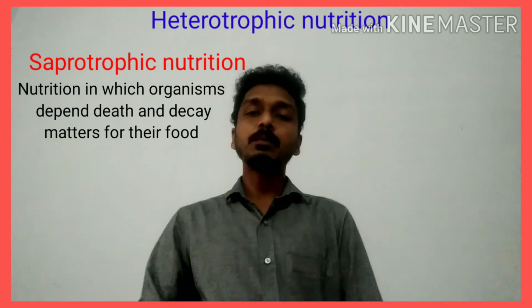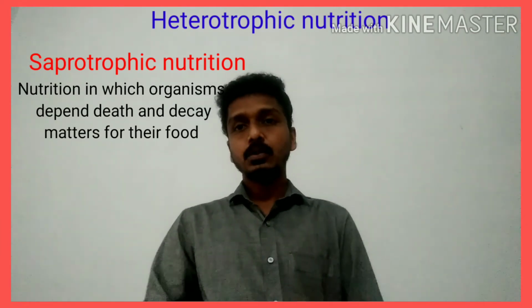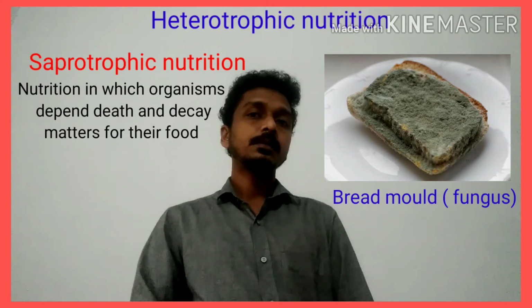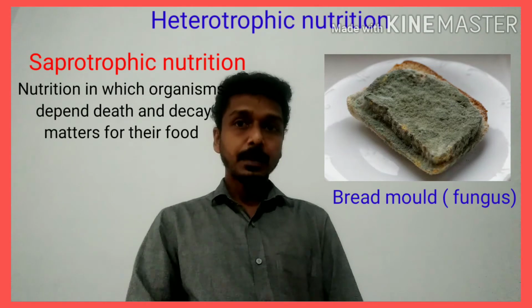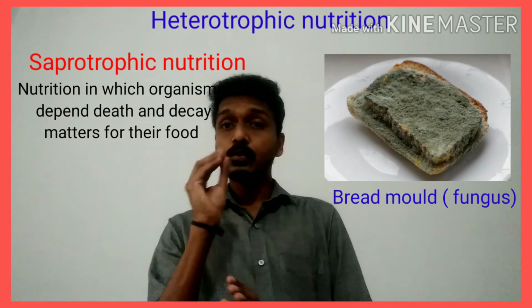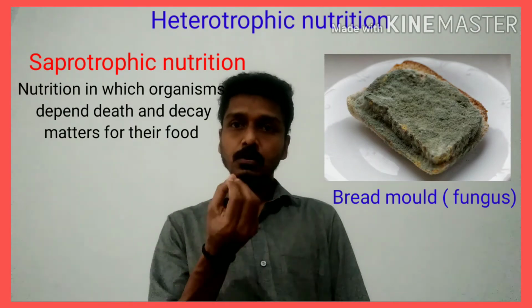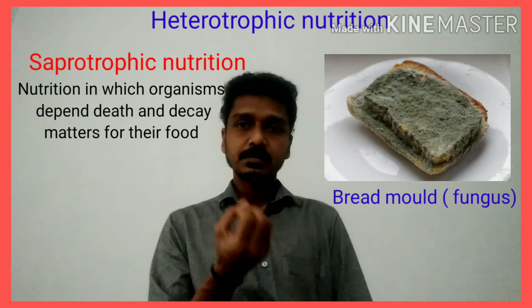I will introduce one more example for saprotrophic nutrition. Look here. Here you have seen bread mold, right? When you keep bread for many days, you can see the formation of fungus on it.